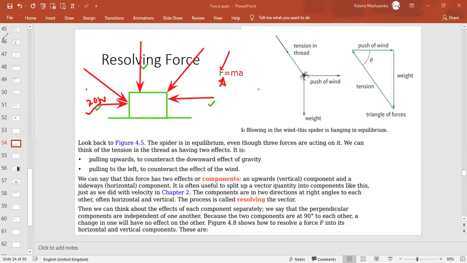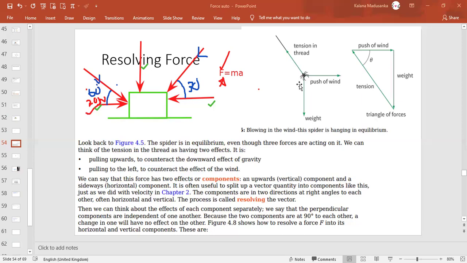In the question, you have to give this angle, whatever the angle from the horizontal or vertical. Let's say this is 30 degrees. From 30 degrees, we have applied the force like this. From 60 degrees, another force is applied. So this is the scenario.